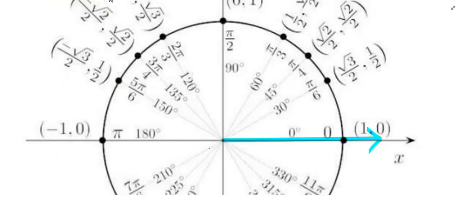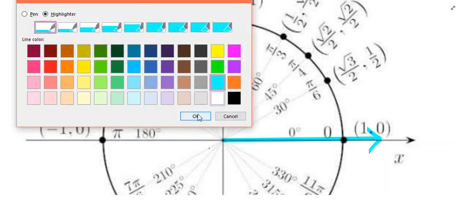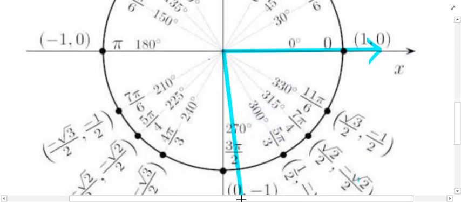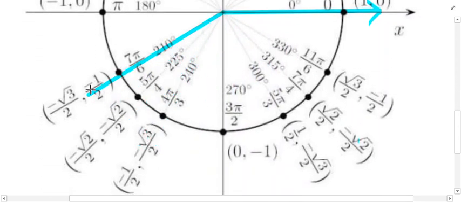If you go back to the unit circle, we've got our initial side already drawn in. If we're going to draw negative pi, our angle in standard position, we need to put in the terminal side. We start along our initial side and rotate clockwise by pi radians, which is 180 degrees or half a circle.